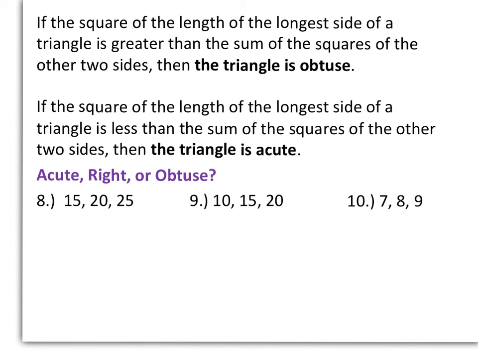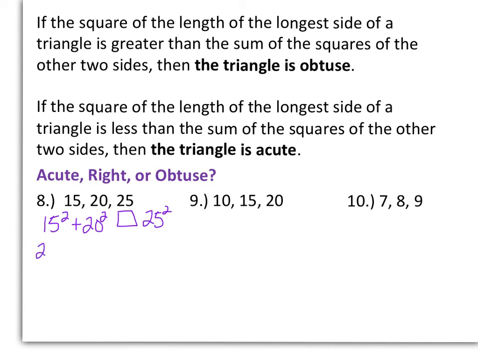So in 8, 9, and 10, we are going to determine if our triangles are acute, right, or obtuse. So using the Pythagorean theorem, does 15 squared plus 20 squared equal 25 squared? Is it greater than or less than? Remember that the hypotenuse is always the largest side.